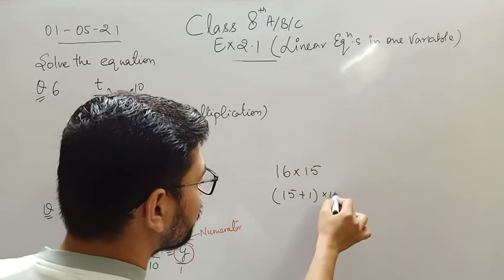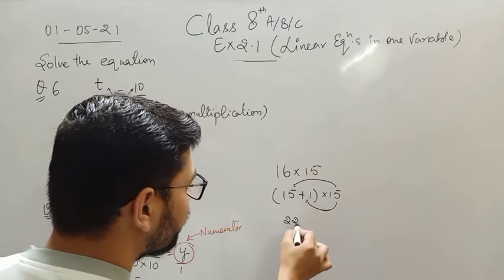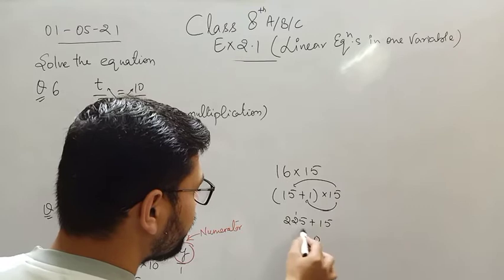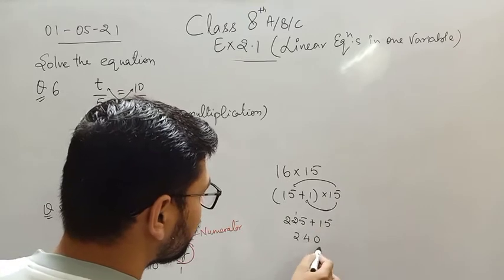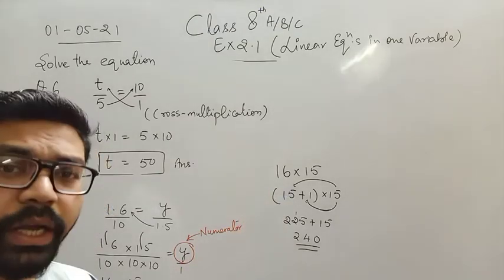Yes. 15 15s are 225 plus 15 ones are 15. So 5 plus 5, 10, 2, 3, 4 and 240. So distributive property helps us to solve any two numbers.